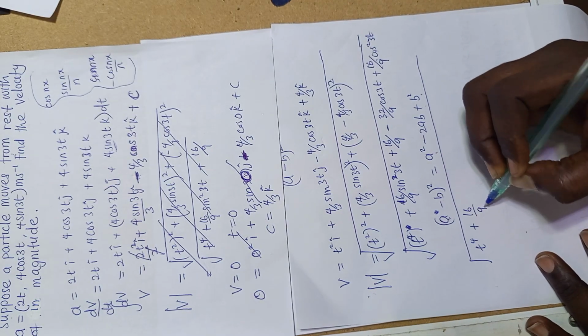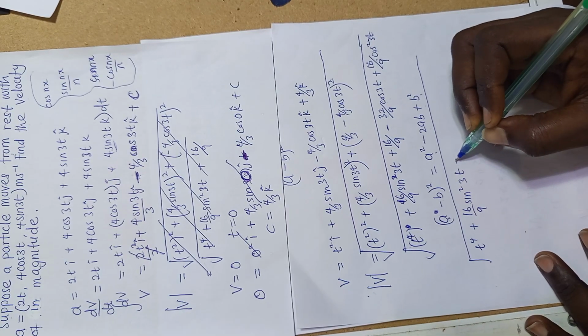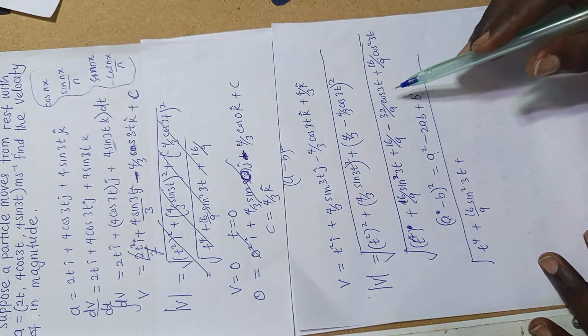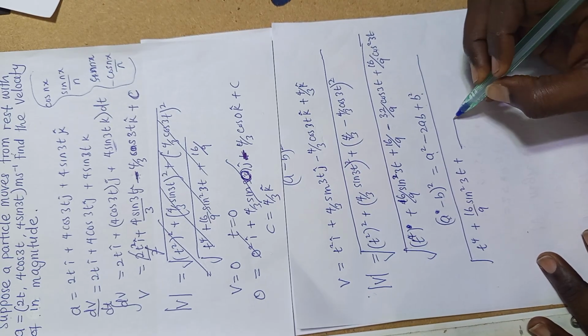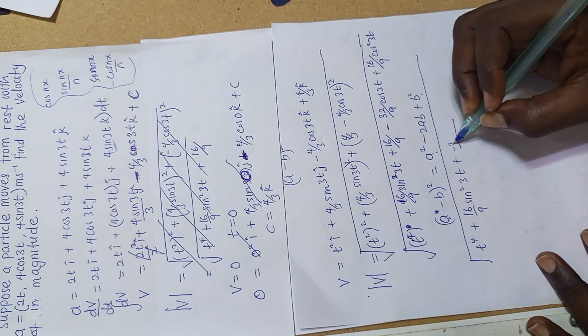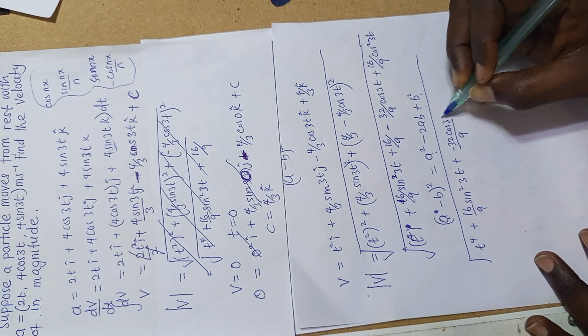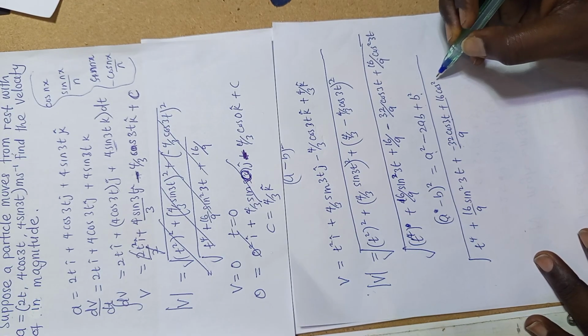Let's say 16 over 9 sine square 3t plus, now these two, let's reduce. We have the LCM of 9, then minus 32 cos 3t plus 16 cos square.